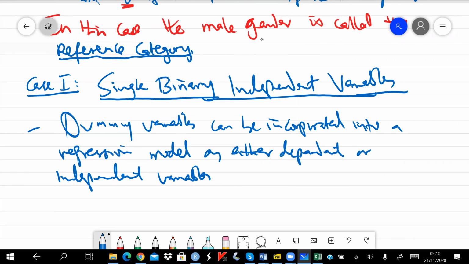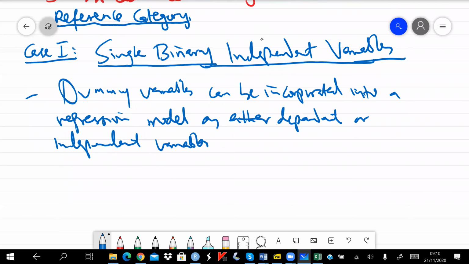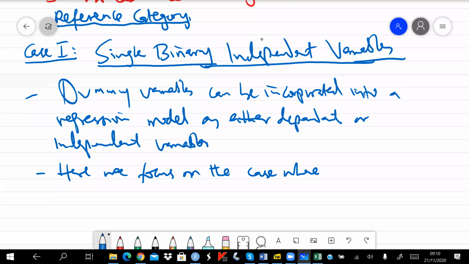But here, in this section, we focus on the case where the variable is used as an independent variable.